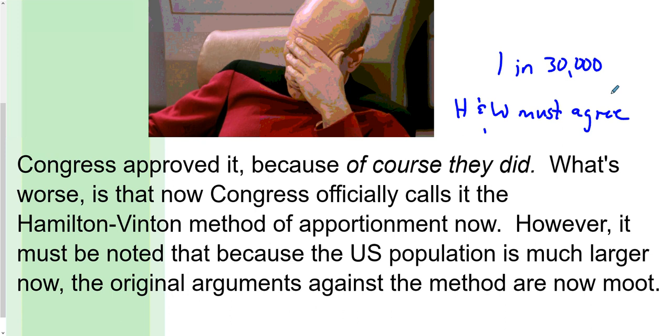And you can make the case that that gives it an extra strong sort of validity, because you have a rounding method and a divisor method that are both agreeing. You may think that's got to be pretty hard to do. It turns out it's not. These two agree a fair amount of the time. They're most likely to agree when there are very few extra seats awarded.